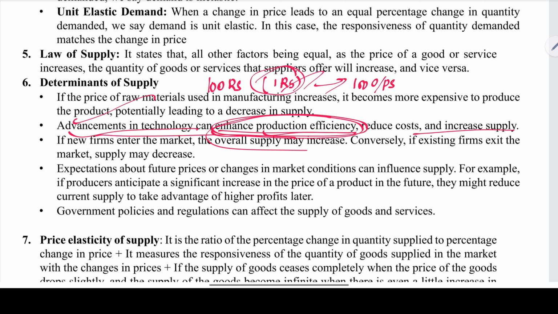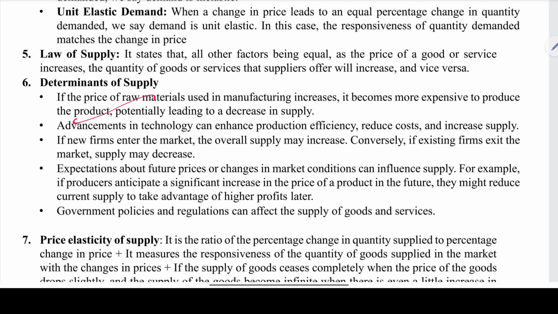Supply is more or less related to production, right? If the raw material is becoming expensive, we say production is becoming expensive. When the production is expensive, there is a decrease in the supply.